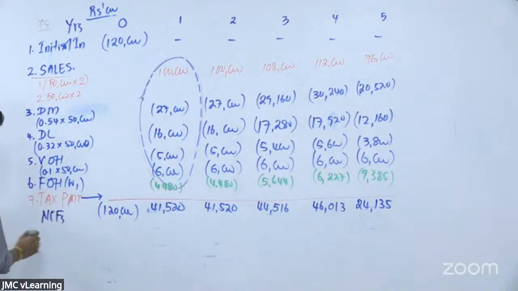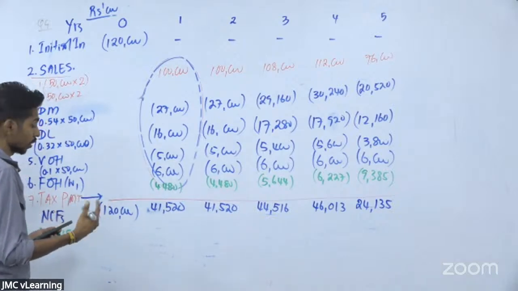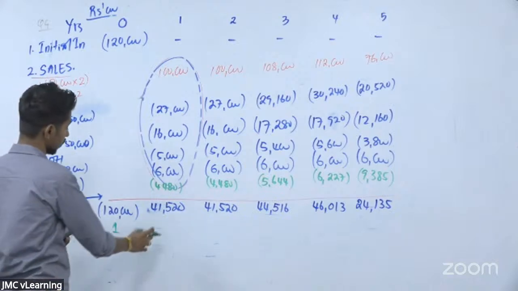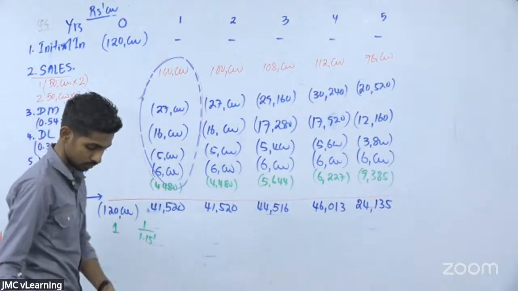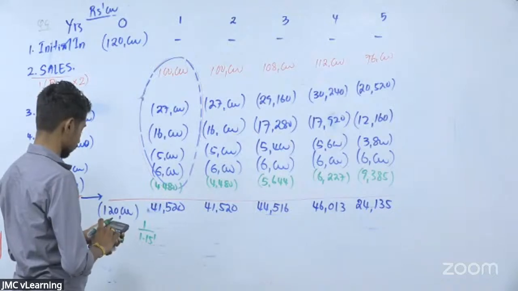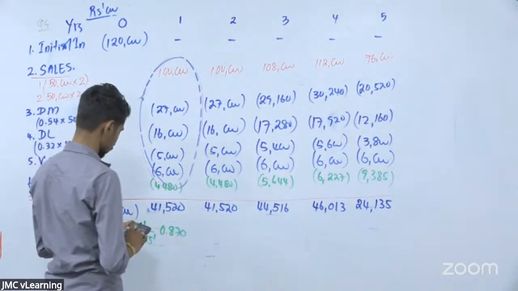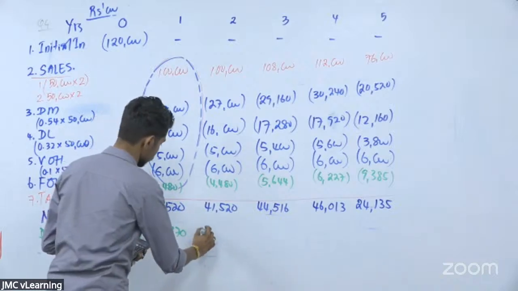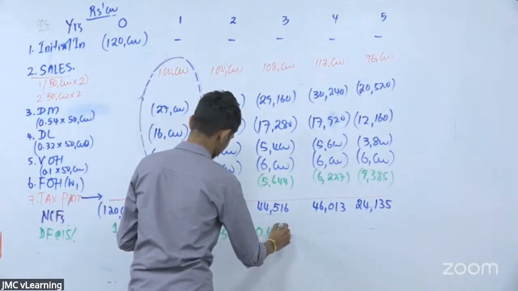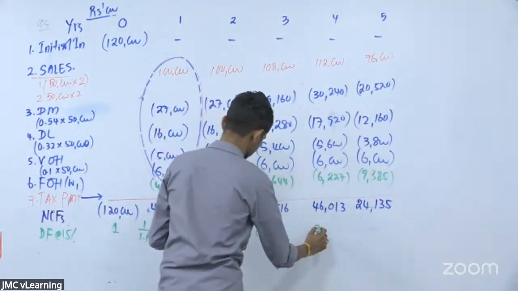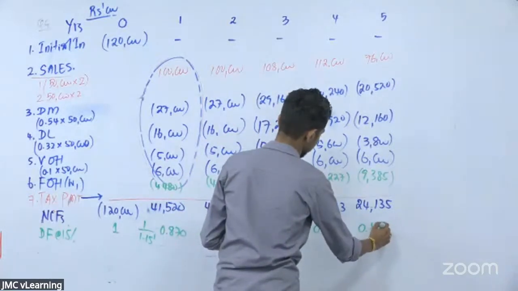Thereafter, you have to take the discount factor. Discount factor at 15%. Today, 1 rupee value is 1. There is no time value of money. Thereafter, here we calculate 1 plus 15% power 1. 0.870. 0.756. 0.658. 0.572. 0.497.